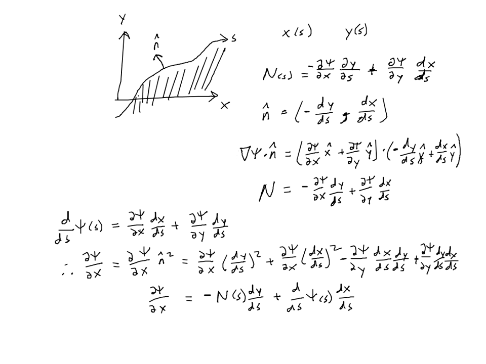So it's kind of like I'm saying I can take my first derivatives of how this thing changes with respect to x, and I'm parameterizing it by the other derivatives of the curve. And I can do the same thing with partial psi with respect to y, and say that that is equal to n of s dx ds plus d ds of psi dy ds.